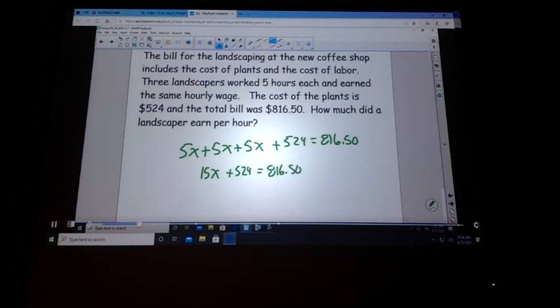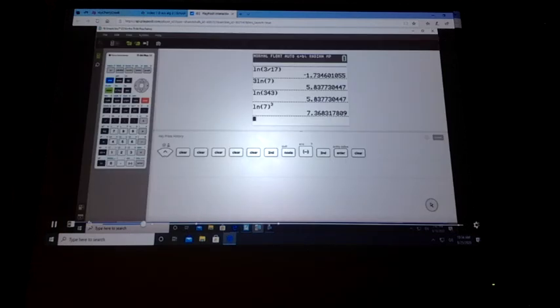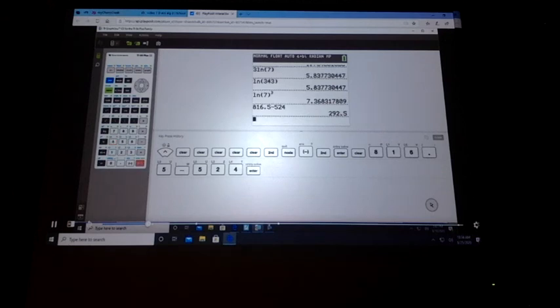And we do use a calculator. So $816.50 minus the 524, and so we get 292.50. So we get 15x equals that.